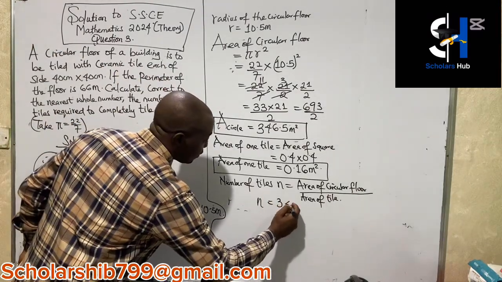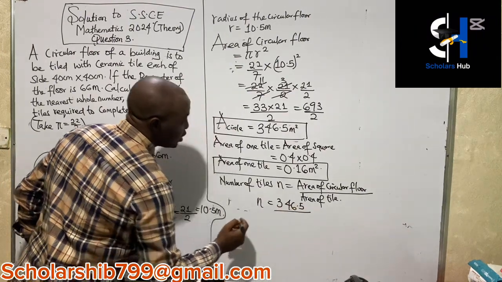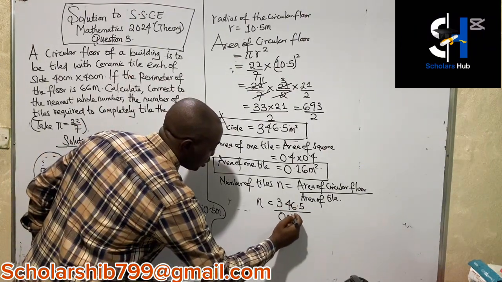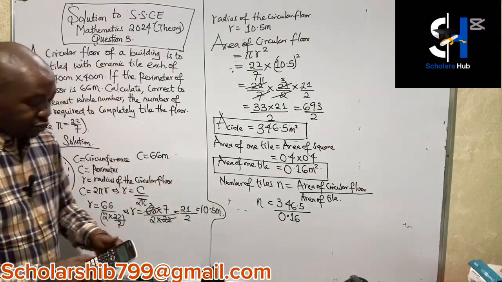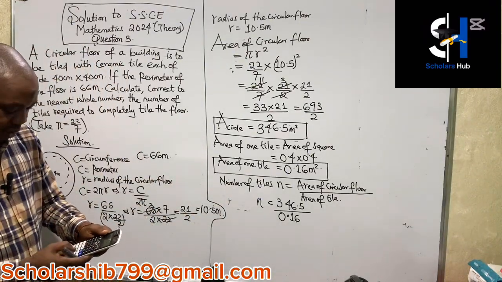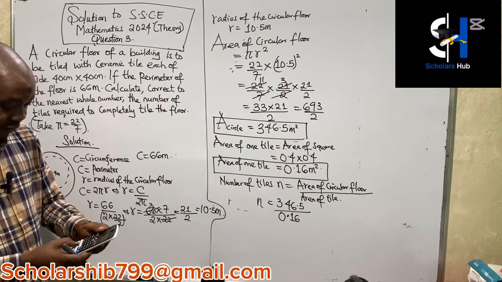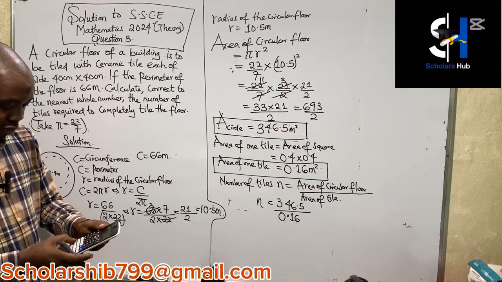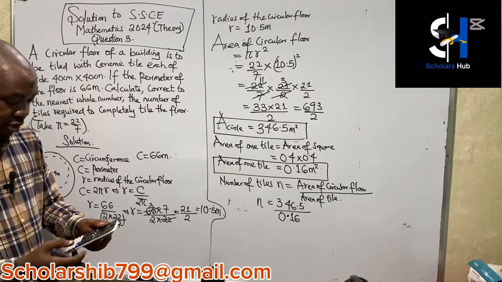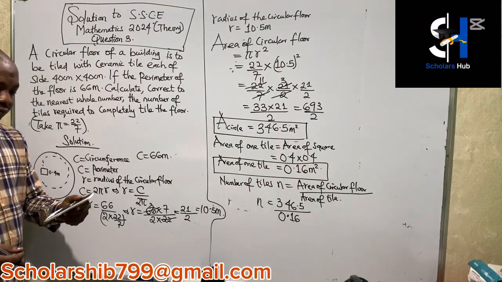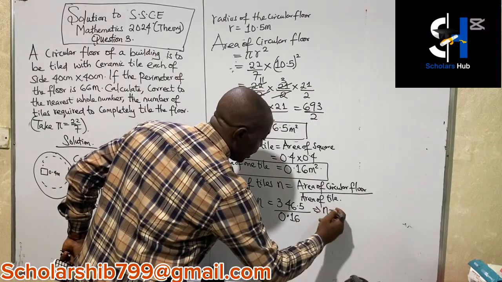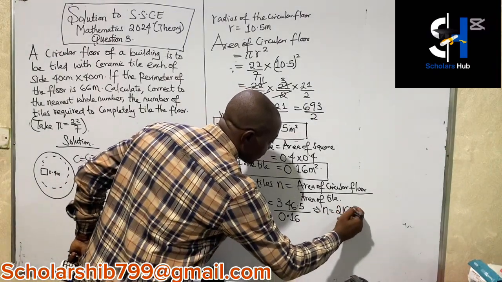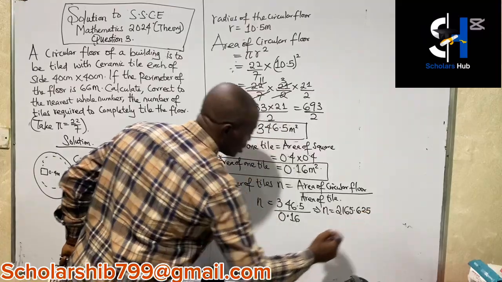That will be 346.5 divided by 0.16. Now they have the same unit, so no conversion is necessary. 346.5 divided by 0.16 will be 2165.625. So n equals 2165.625.